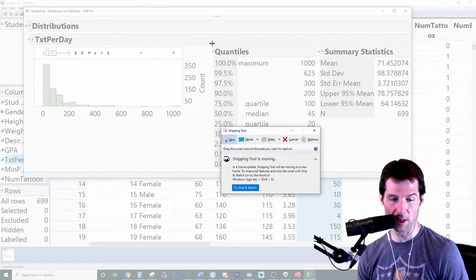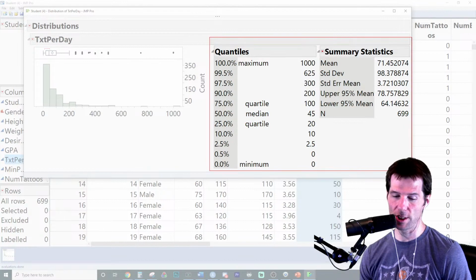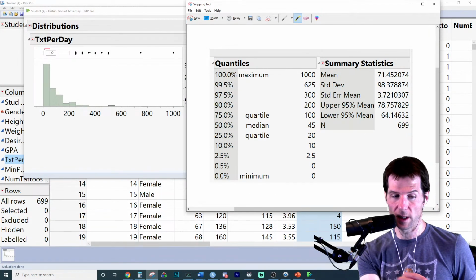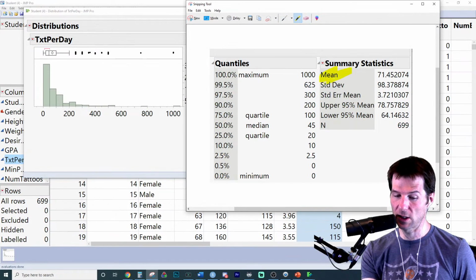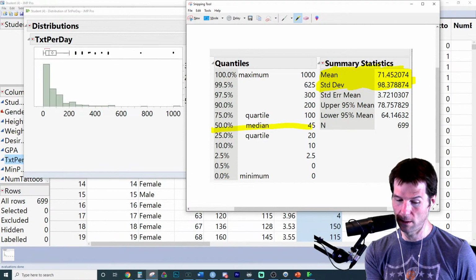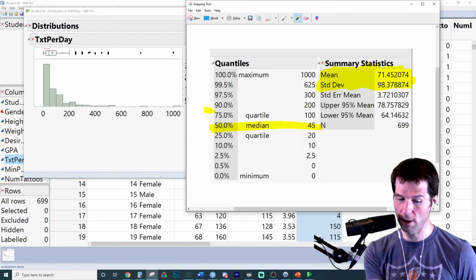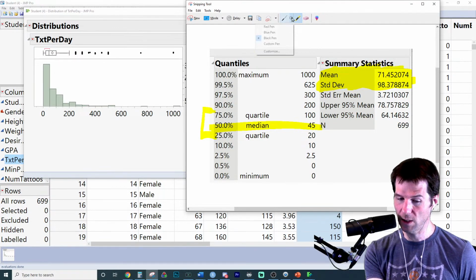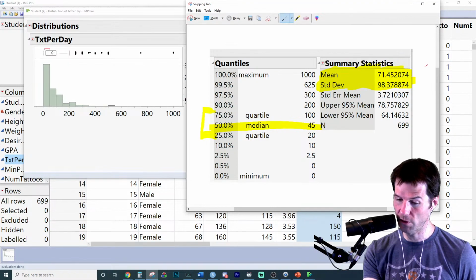One thing I want to point out about the output is that it's kind of a cheat sheet. You'll notice we have the mean and standard deviation next to each other, almost like they go together, and also the median and the IQR next to each other. Let's put this one in red because it's not the right one. This is a measure of center.